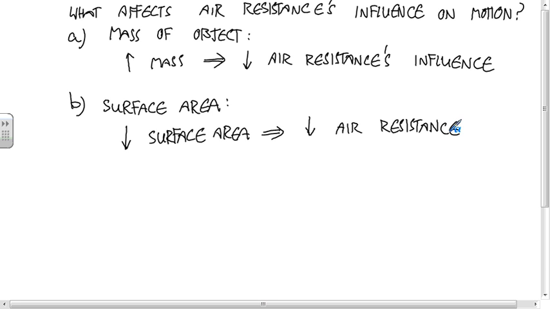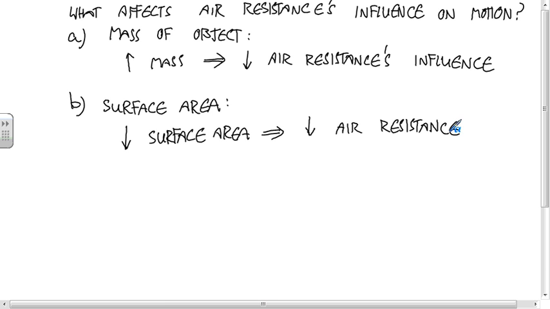So say you'd have a piece of steel the size of a marble and you'd have a beach ball, and you drop both of those from the top of a building. You know that, again, the steel piece is going to hit the ground first, because even though they have the same mass, the beach ball has a lot more surface area. And so there's going to be a lot more air resistance on the beach ball than there is on the little marble made out of metal.